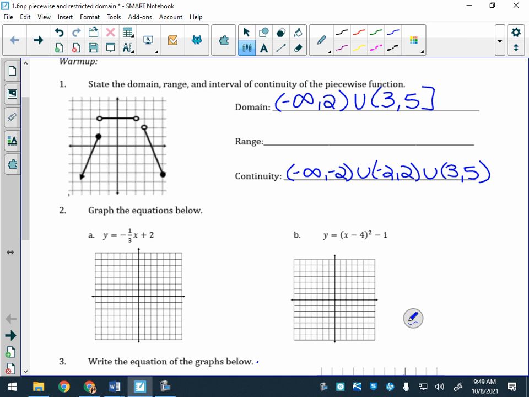So we have negative infinity to 2. So you bring your pencil this way to 2. And then we have 3. 3 by itself. But closed circle overrides it open. Right? So it would be 3 by itself. Or y equals 3. Same thing.